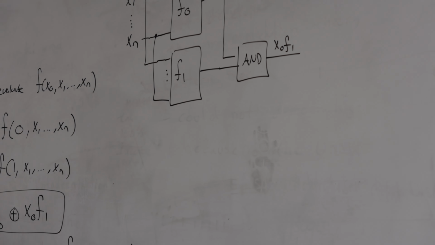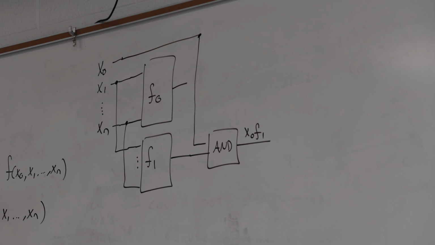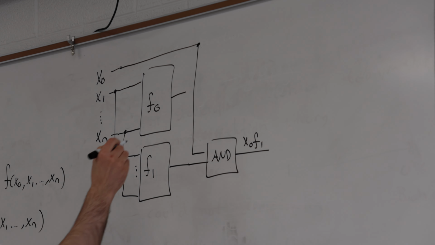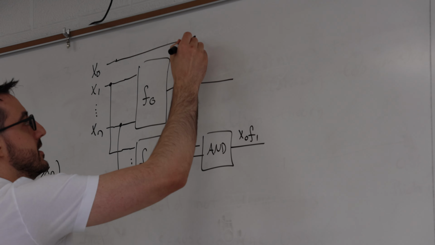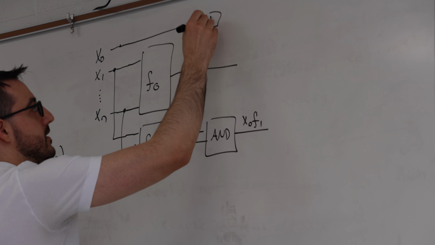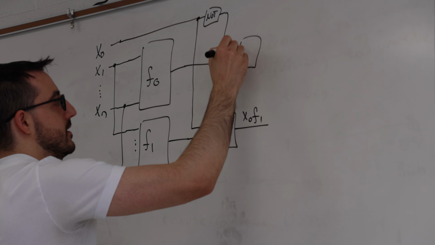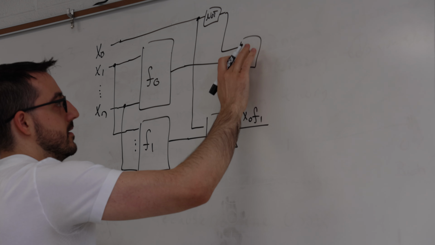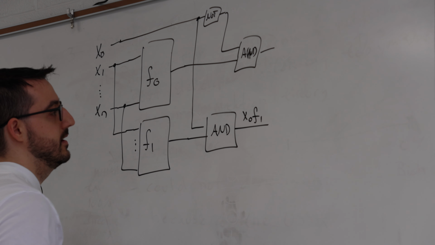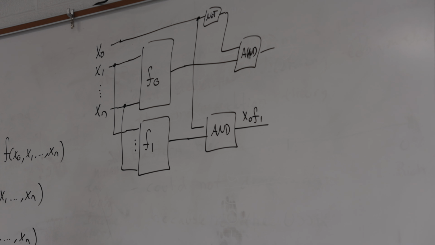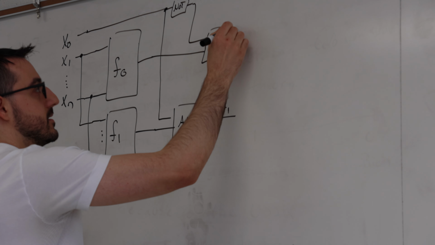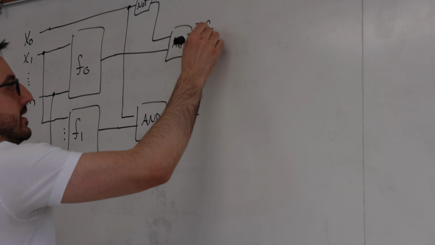Right? I want to do something similar with f0, but I just want to take the not of this bit first. So I'll do a not gate here, and then I'll send it over to be ANDed together. And here I'll have the output not x0 and f0. So at this point, it's x0 times f1, not x0 times f0.